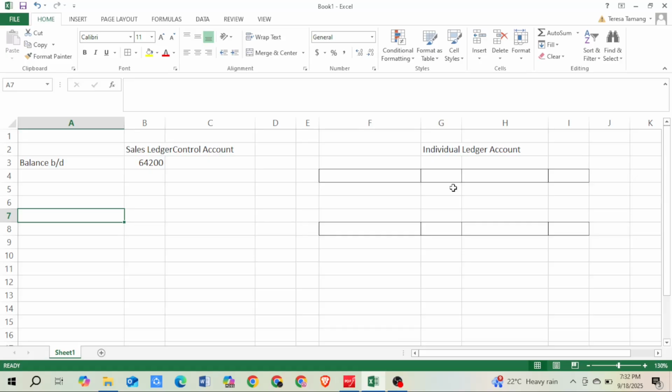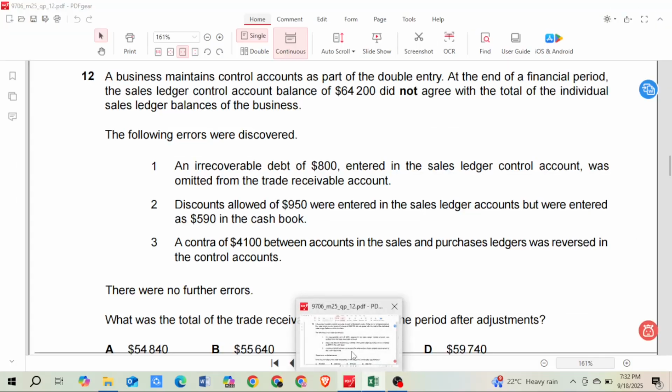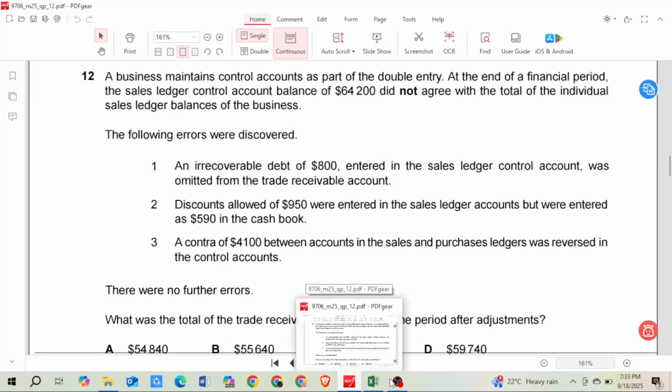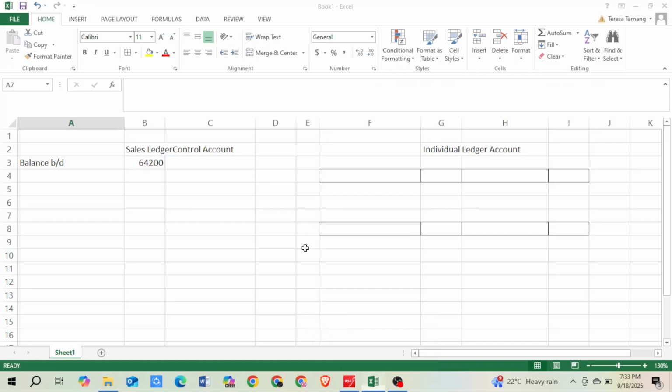Okay, so the first error is that an irrecoverable debt of 800 was entered in the sales ledger control account. So this 800 of irrecoverable debt was entered in the sales ledger control account, somewhere above the total before the balance c/d.